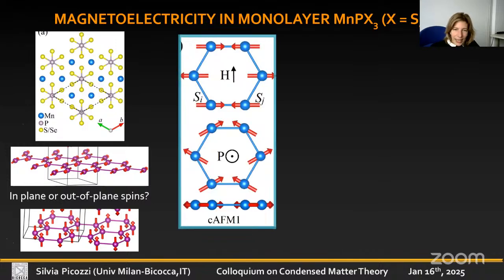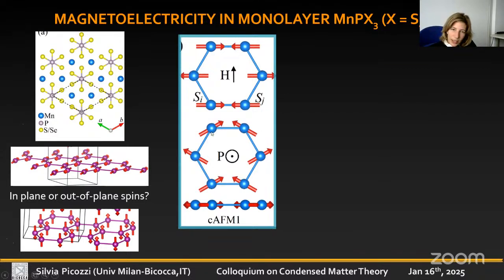And so we did the following. For example, if my spins are in the plane, so they are antiferromagnetic, but lie in the plane. And if I try to apply a magnetic field like this, which I can't really do in calculation, but I can mimic the effect of a magnetic field by canting the spins.